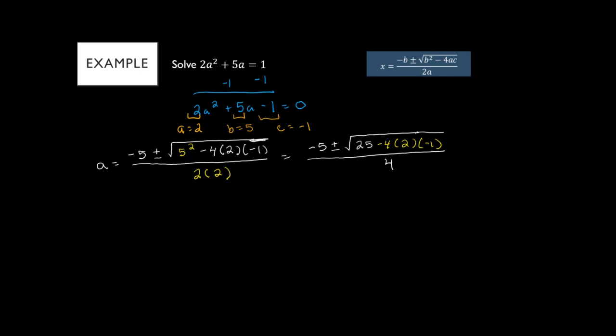So we have -5 plus or minus the square root of 25, and then I get a positive because the two negatives become a positive. 4 times 2 is 8, and then times the 1, that's 8. So we get 25 plus 8, and then we have 4 in the denominator.